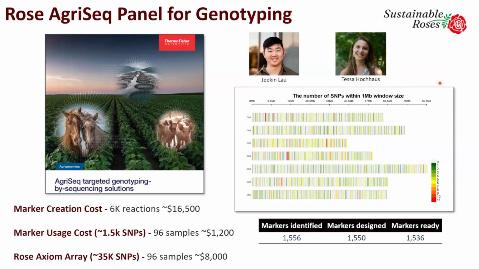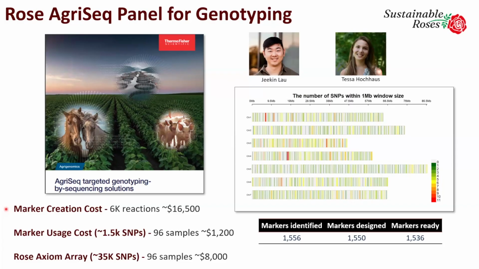And just for your reference, it cost us close to about $16,000 to create a marker set for 6,000 reactions. So this would be enough material to assay 6,000 lines and genotype 6,000 materials with about 1,500 markers.